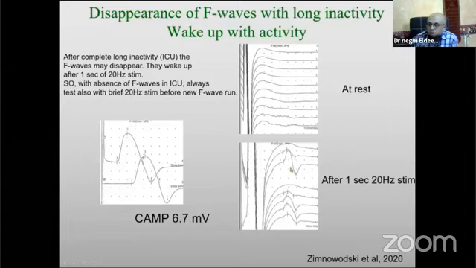This can be a very important trick so that we don't misinterpret the absence of F responses as some kind of neuropathy. Instead, it's a motor neuron excitability that has been changed.